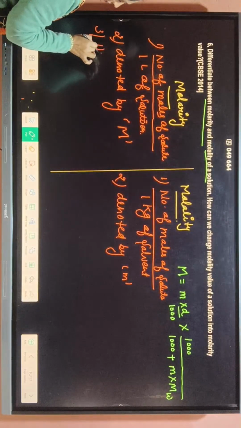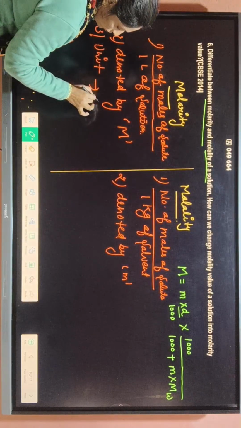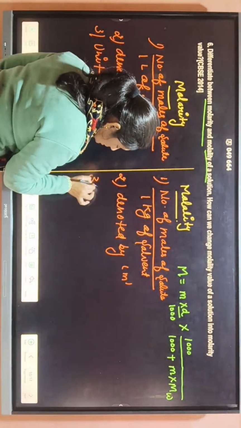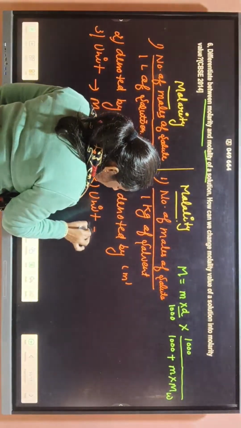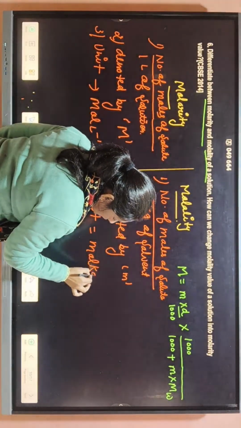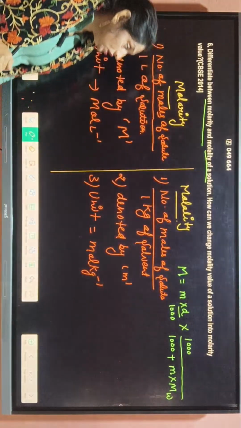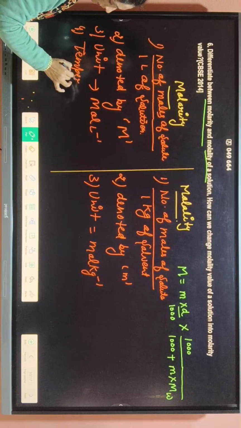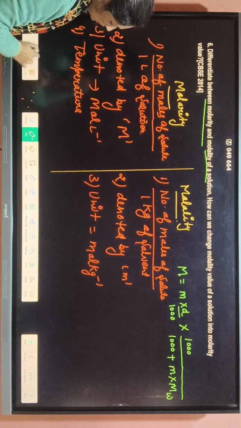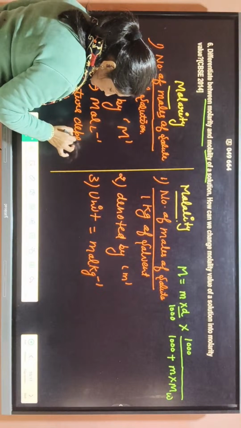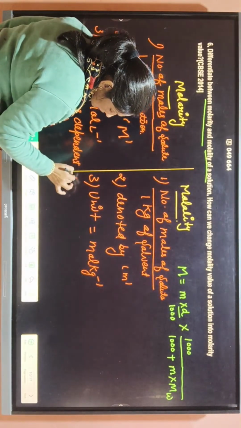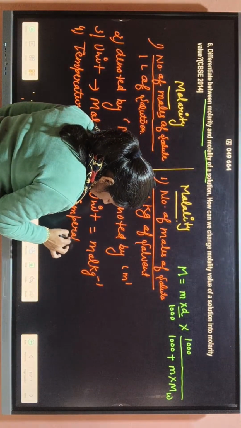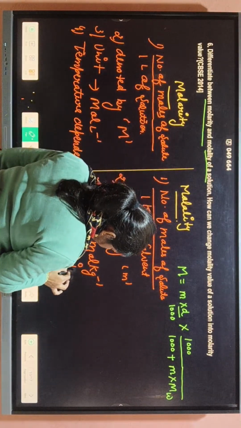The unit of molarity is mole per liter, and the unit of molality is mole per kg. Molarity is temperature dependent. Molality is temperature independent.